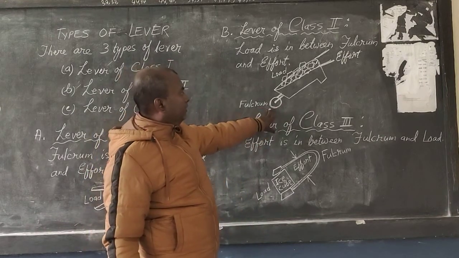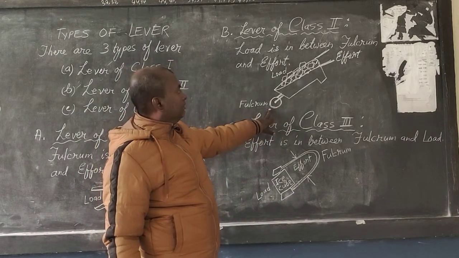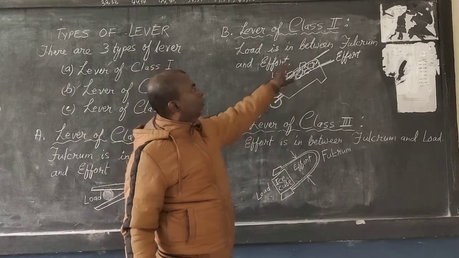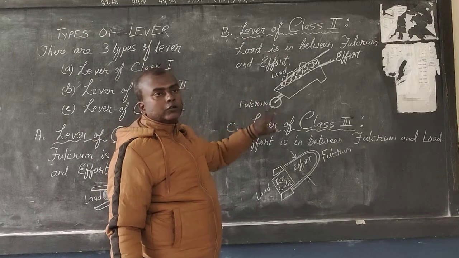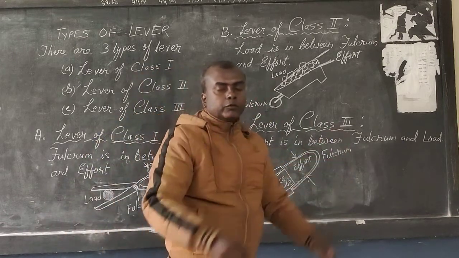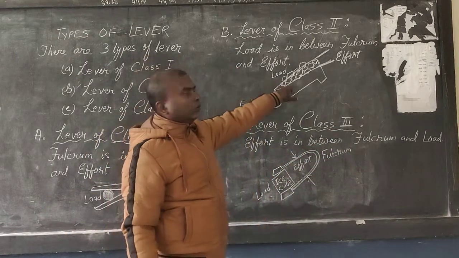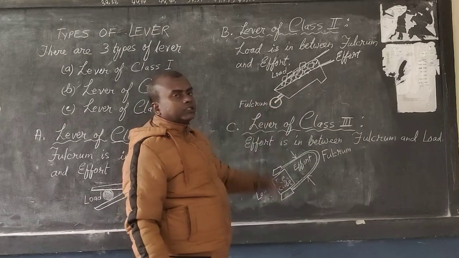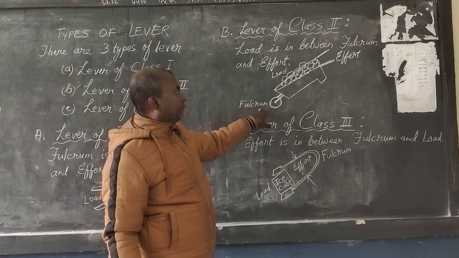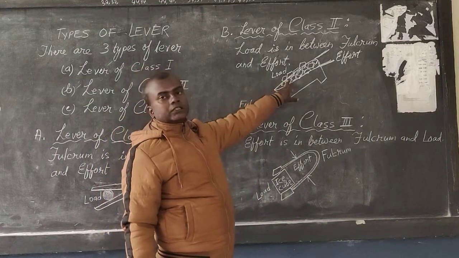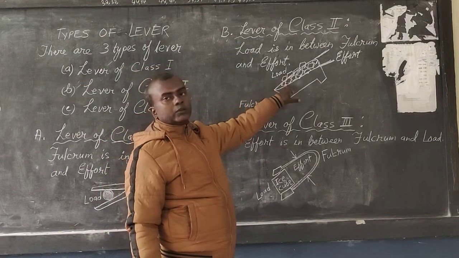So this wheel acts as a fulcrum because the whole wheelbarrow gets support on this particular wheel. When the wheel takes it from one place to another, the wheel also holds the entire weight of this wheelbarrow. So this wheel acts as a fulcrum. Some bricks or stones are kept on this wheelbarrow.